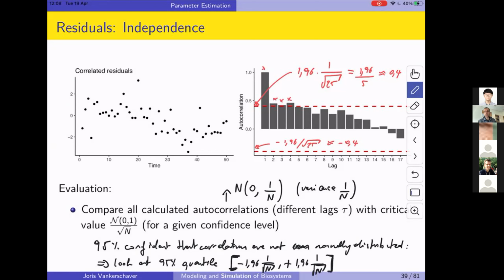So 4 out of 17 is much more than the 5% I would expect if it's really normally distributed. So this indicates that my autocorrelations are not randomly distributed, and that I have some trend in my data.